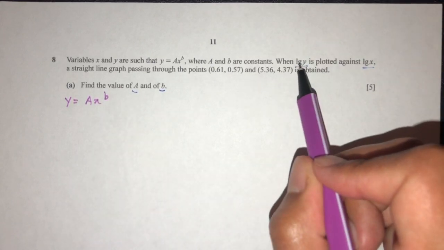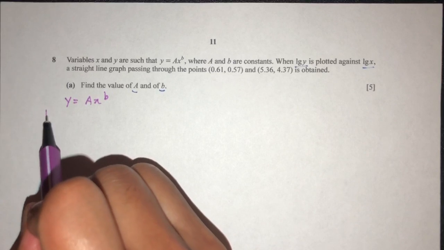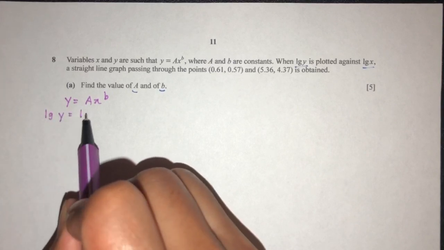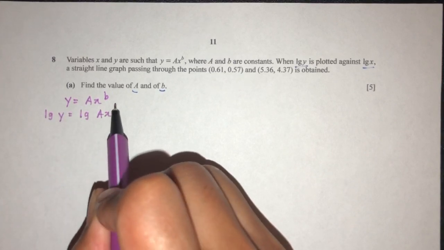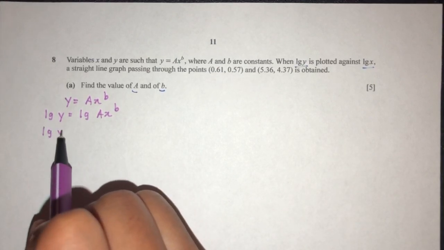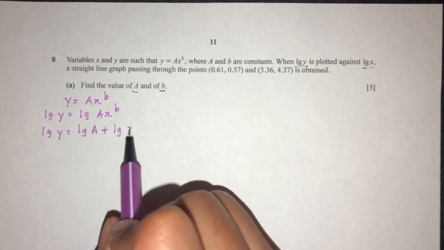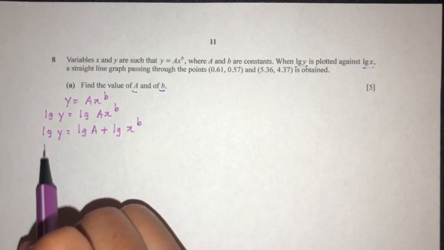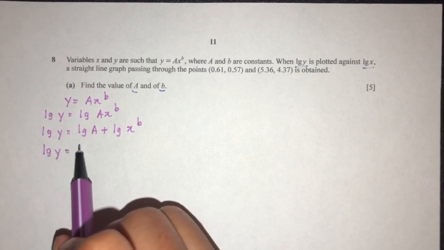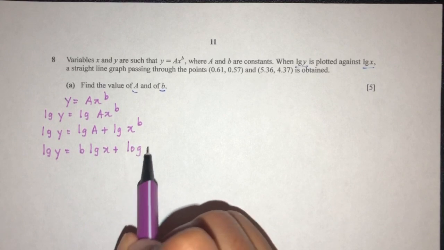Now to get log y and log x, we have to apply log on both sides. Makes sense, right? So log y equals log of a x power b. Now obviously we can simplify on the right hand side. That will become log a plus log of x power b. That will be log y equals b log x plus log a.